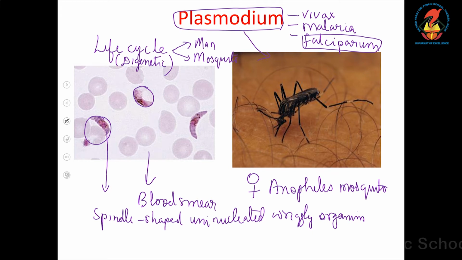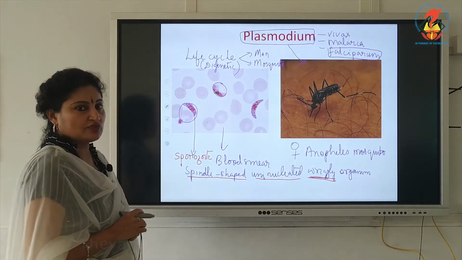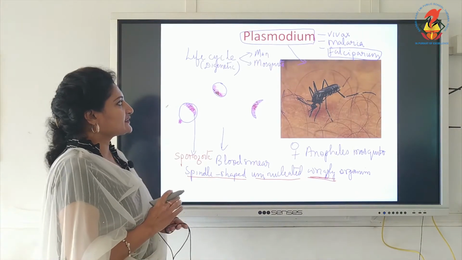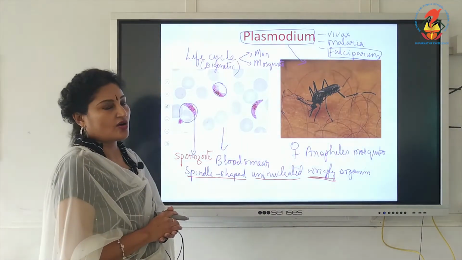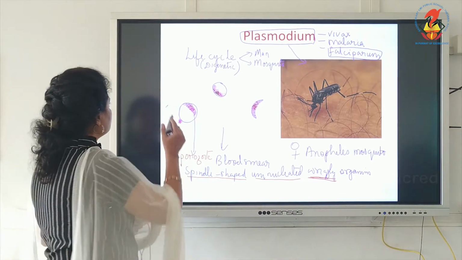And this stage, which is found in our blood, is known as the sporozoite stage. So once again, the sporozoite stage is spindle shaped, uninucleated and wriggly. They are found in the blood smear if you are infected by the mosquito with malaria. So let's get started with the life cycle of the malarial parasite Plasmodium vivax.